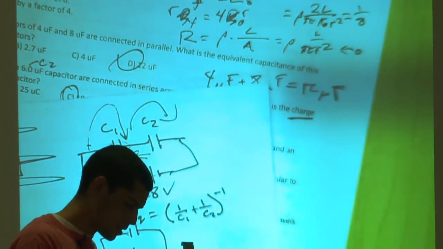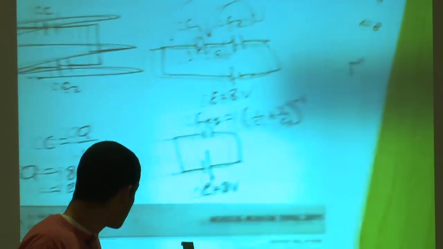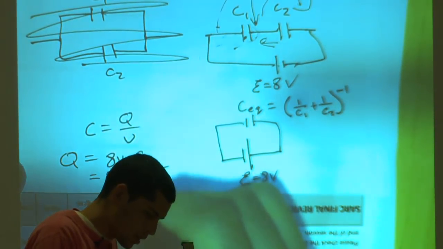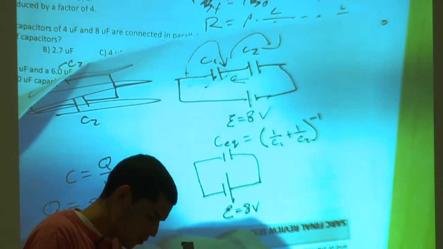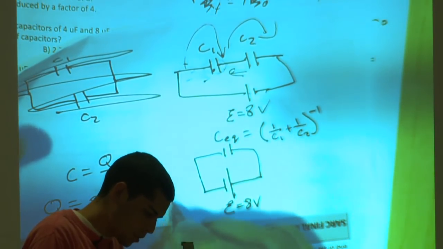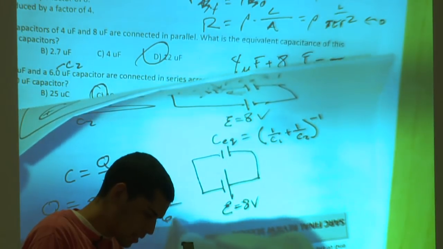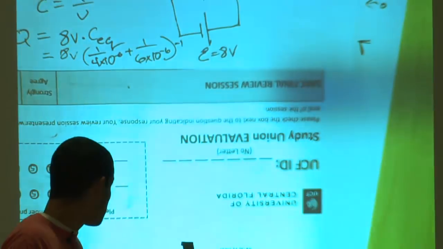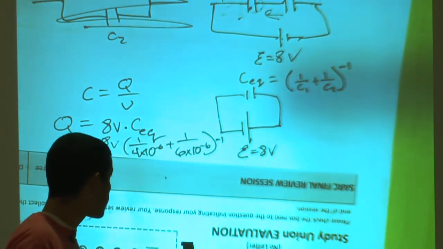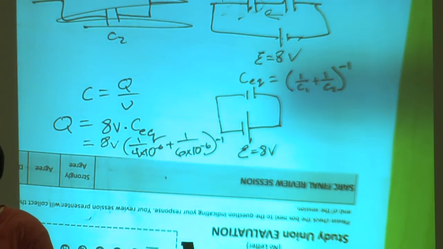We just plug C equivalent in for that. We have 8 volts times 1 over C1, which is 4 times 10 to the negative 6, plus 1 over 6 times 10 to the negative 6, inversed. Or 8 divided by that, if you'd rather look at it this way.